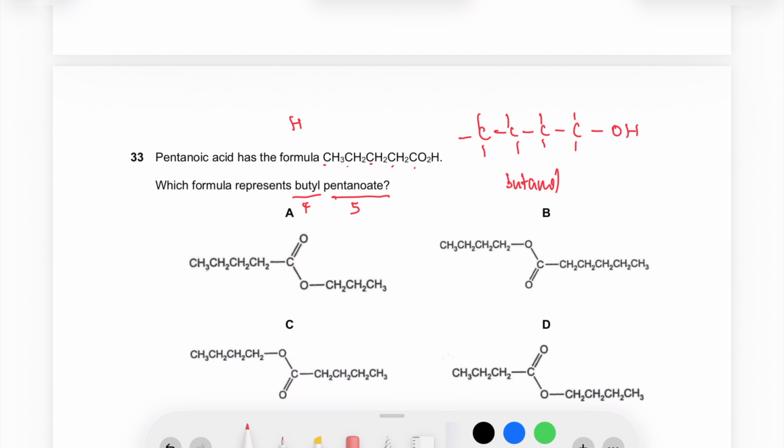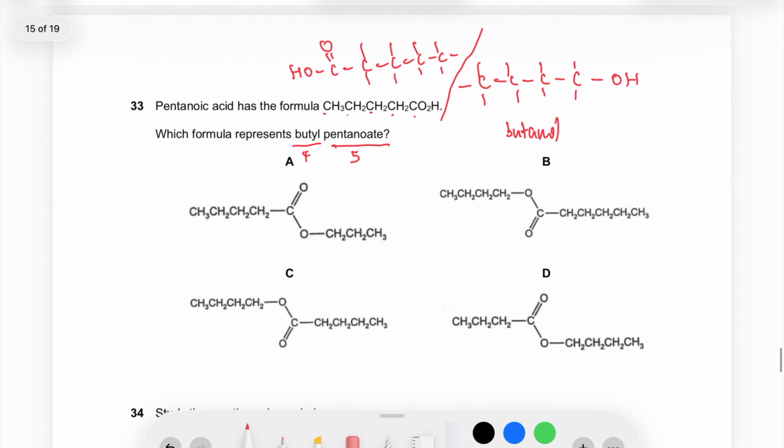So if you want to draw it out, 1 carbon, 2, 3, 4, 5. So these two will actually react. So answer will be, this is 1, 2, 3, 4, 5, 6.